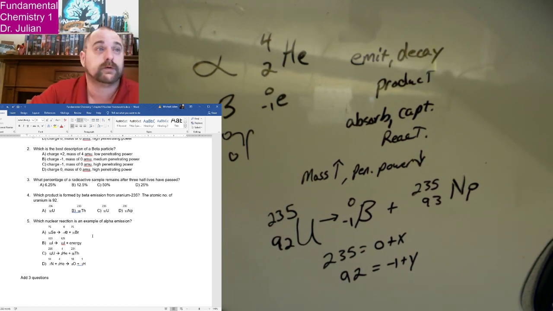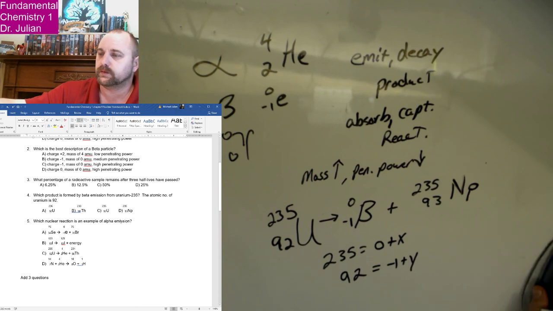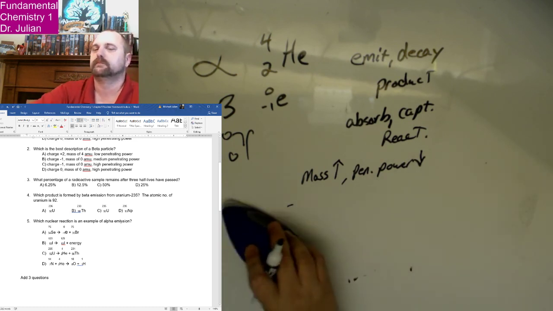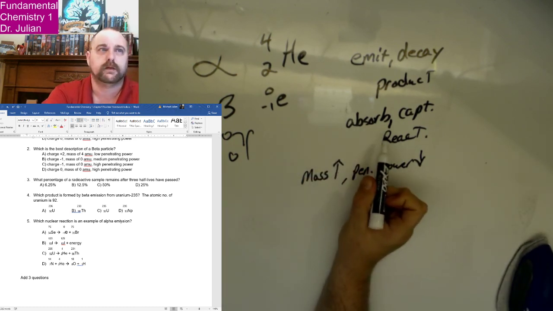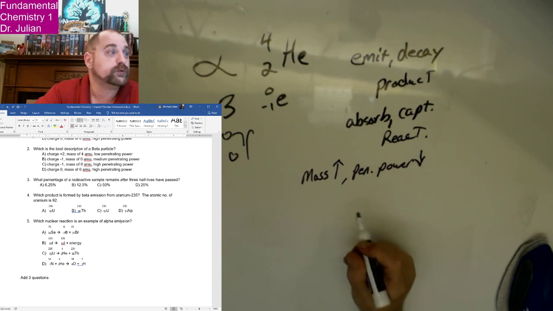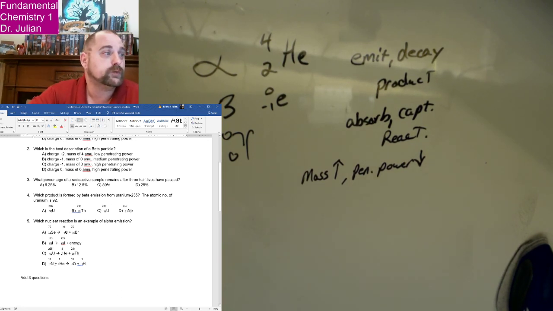We won't be able to see them over here. Which of the following is an example of alpha emission? All right, so I'm just going to use this to translate. I'm looking for 4,2. So I've got 4,2, and it needs to be a product side. So 4,2, that's C.